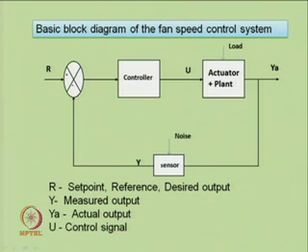This gives the block diagram representation of the fan speed control system, where actuator and plant dynamics are put together, giving us G(S). Controller dynamics will be shown by GC(S) and sensor dynamics by H(S). In this scheme, as we have discussed earlier, the controller can be put even in the feedback path, giving us another type of control structure.